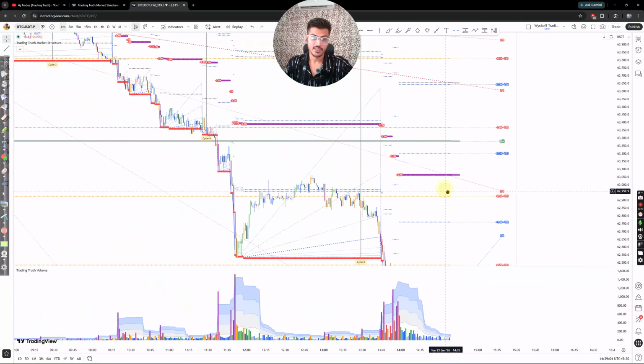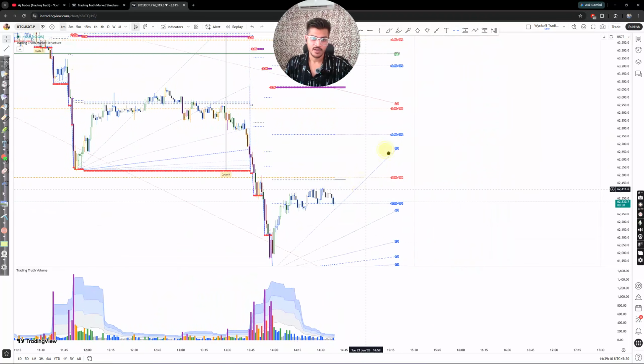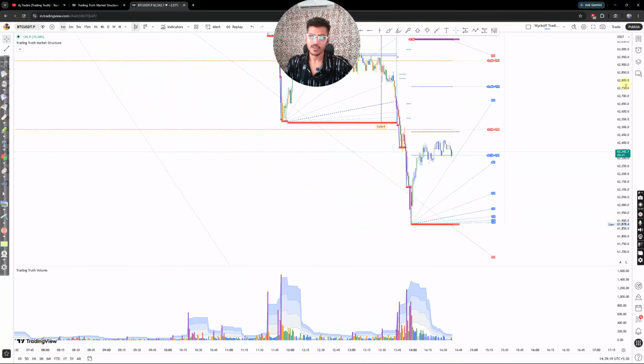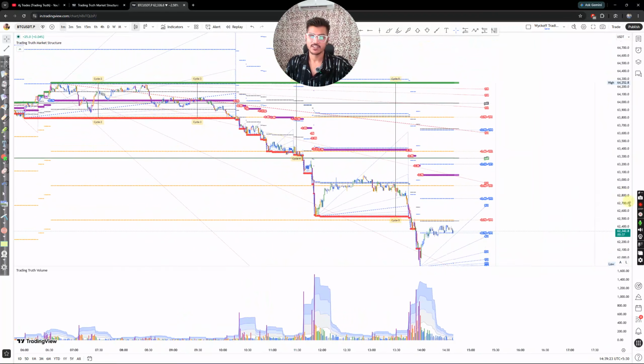And you can see how it's breaking this support with high volume and coming down, right? And when it finally reaches this, this is how it's projecting 4 by 1. All these lines are projecting how much further down it's going to go.